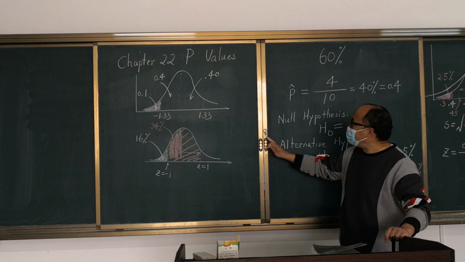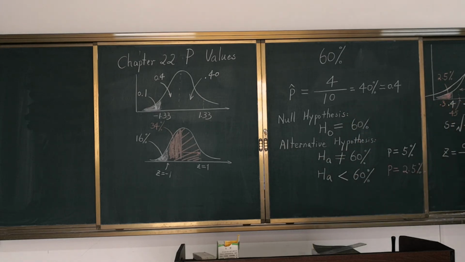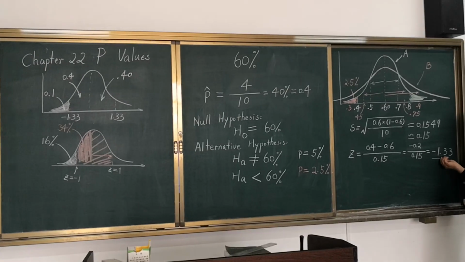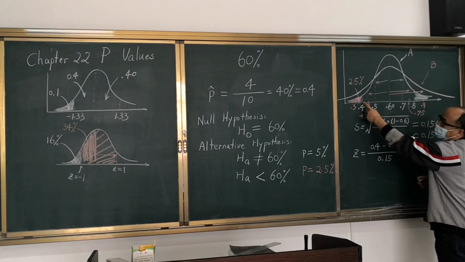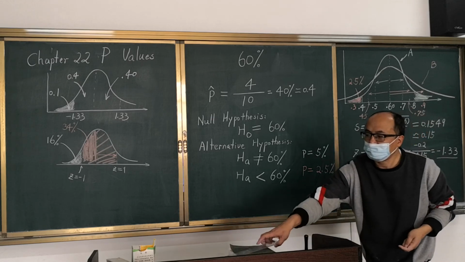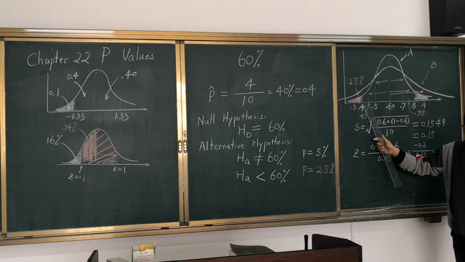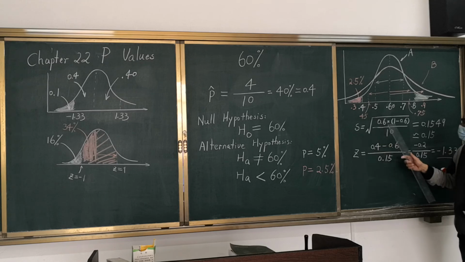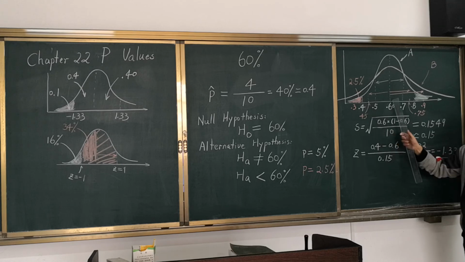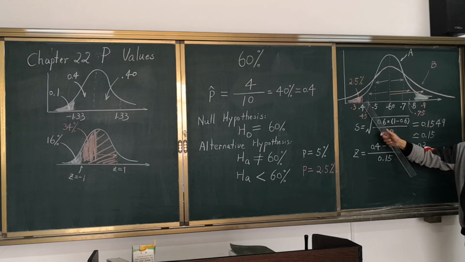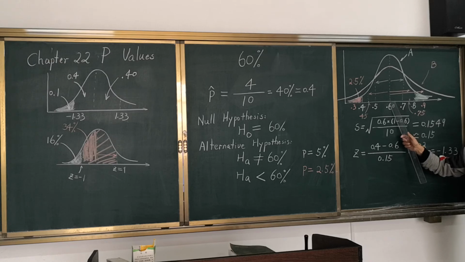So the bottom line is, for person B, his z-score is minus 1.33. His landing is 0.4. However, his standard deviation is different, wider, so he is closer to the 0.6.